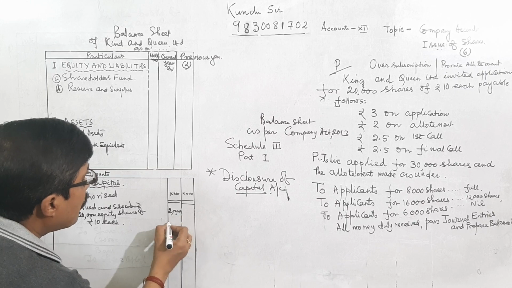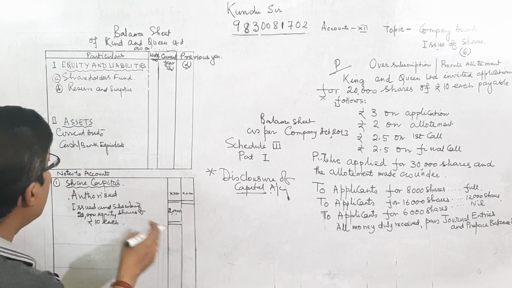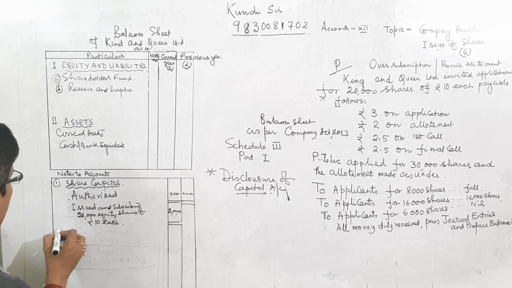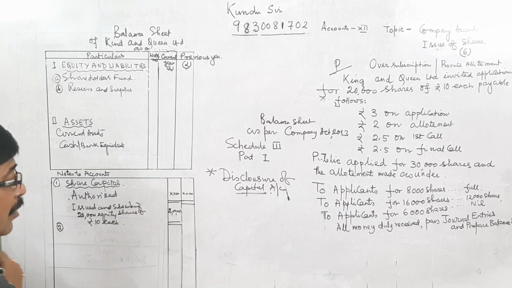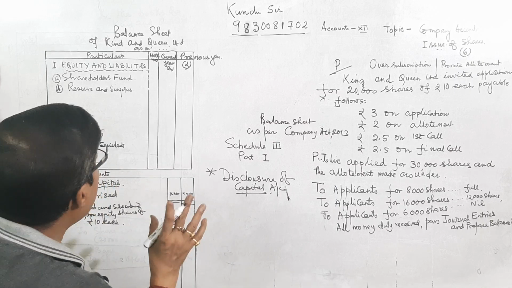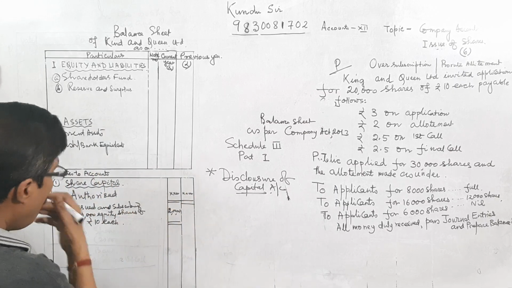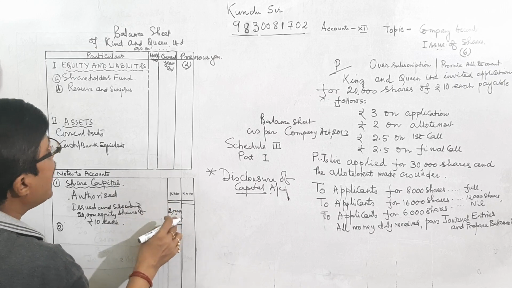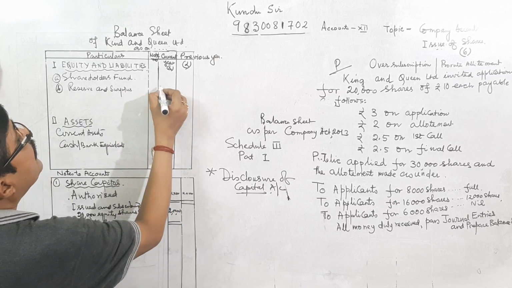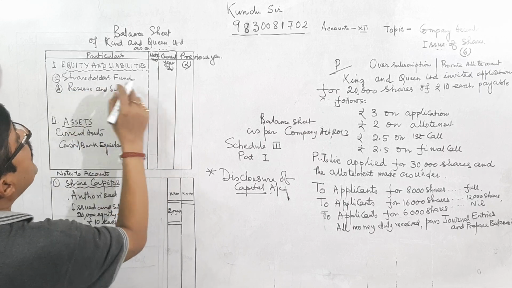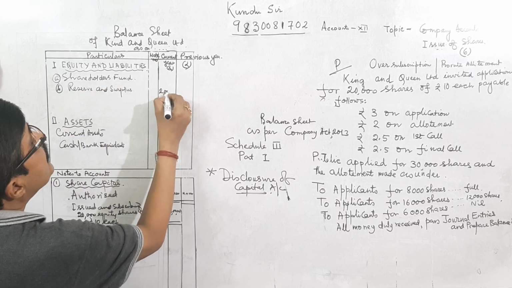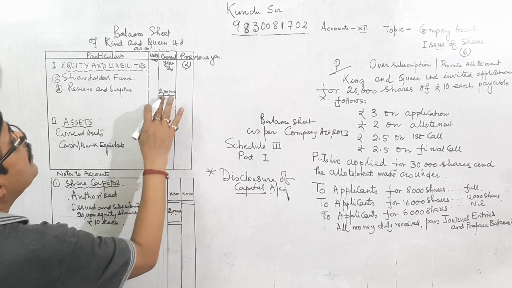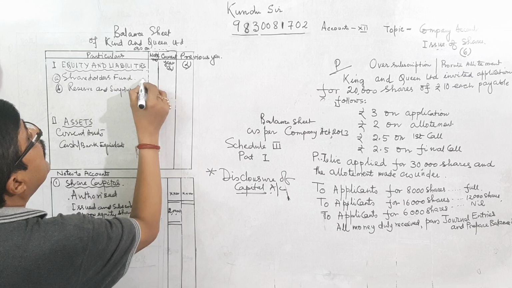And we are closing because the details will be in note number 1, and thereafter note 2 etc. may be required. But note number 1, that means 2 lakhs, is to be inserted here, and shareholders' funds are 2 lakh. Then we are closing, no other entry.